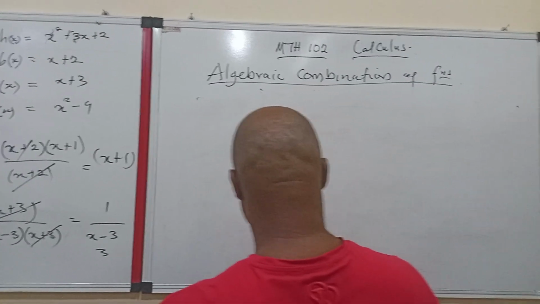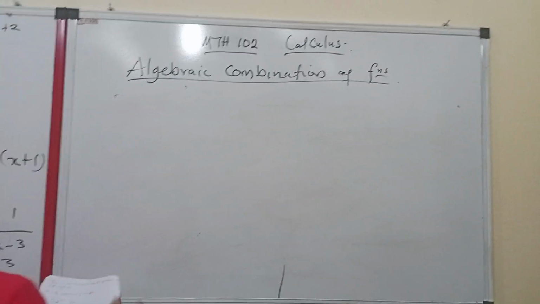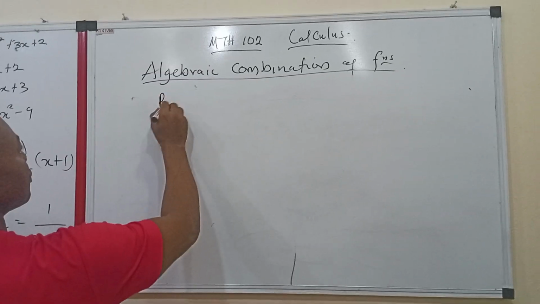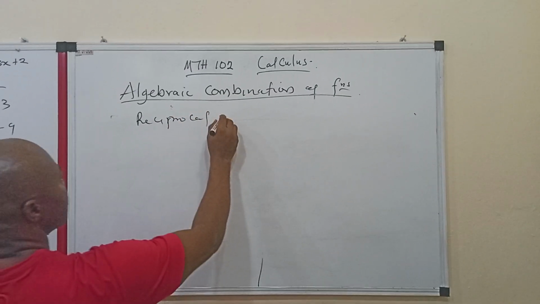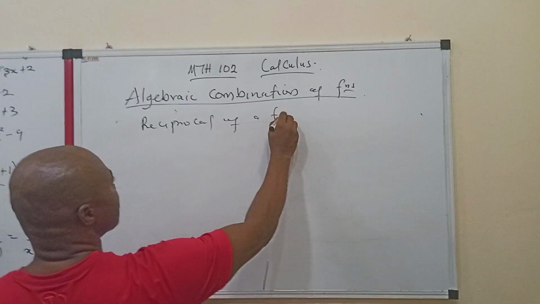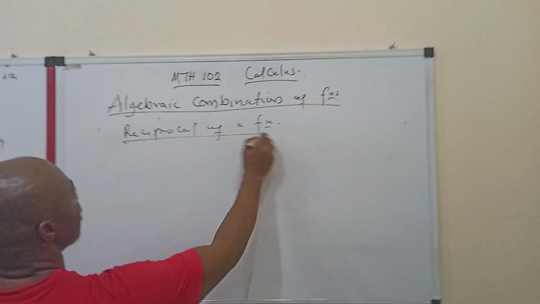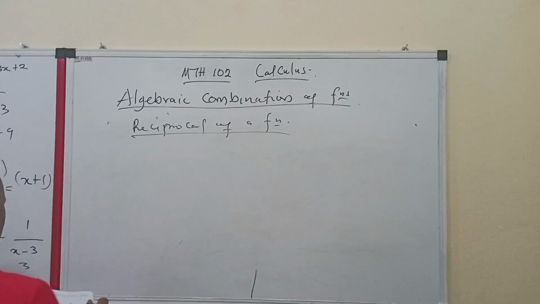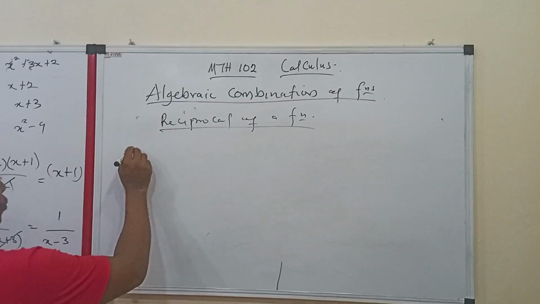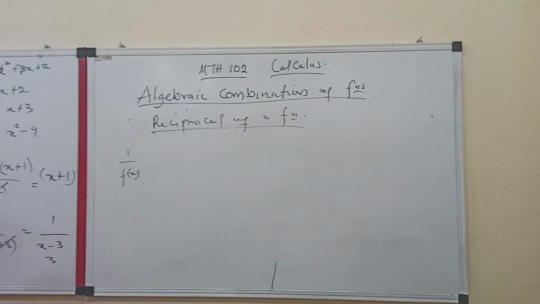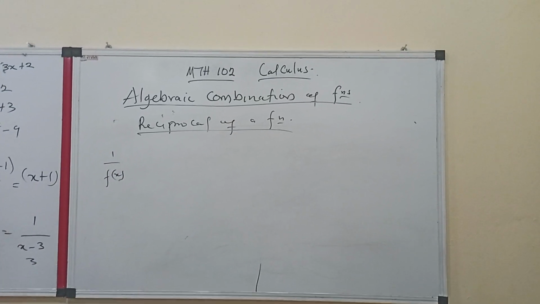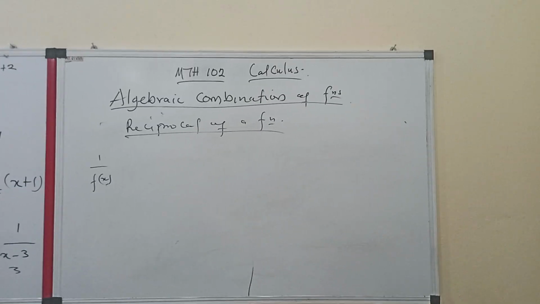The reciprocal of a function, in it, we have it as 1 all over the function. This kind of expression, as we have here, assuming that this part here is a function.